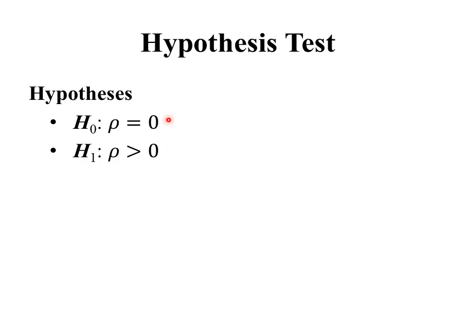Remember, the null hypothesis is kind of a statement of the status quo. It's what we might expect to be true if we didn't have any data to indicate otherwise. So without any data, we might think that there's no relationship between these variables. But our data suggests that rho is greater than 0, so that's going to become our alternative hypothesis.